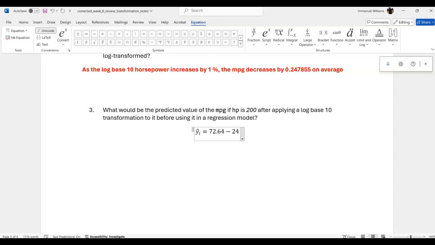So when you're actually doing the calculation, you still use 24.7855 times log base 10. Now this is where it comes in. Log base 10 of 200.